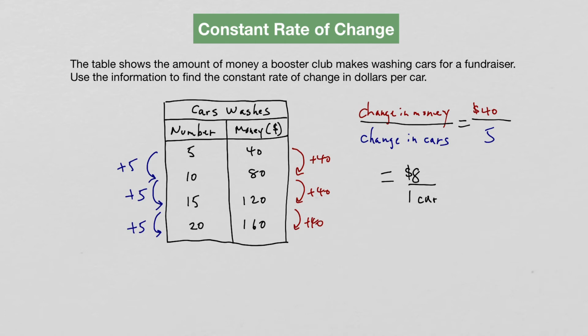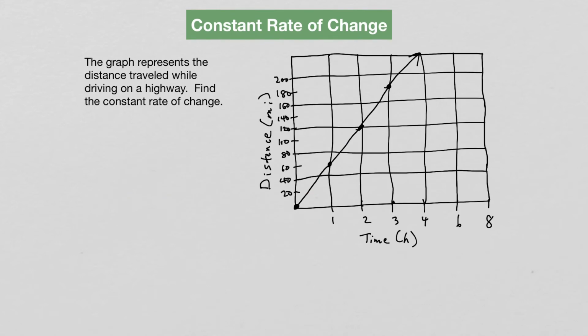Okay, so there's also another way to find a constant rate of change, and that's to analyze points on a graph. So let's take a look at the next example. Okay, so the graph to the right represents the distance traveled while driving on a highway, and we are to find the constant rate of change.